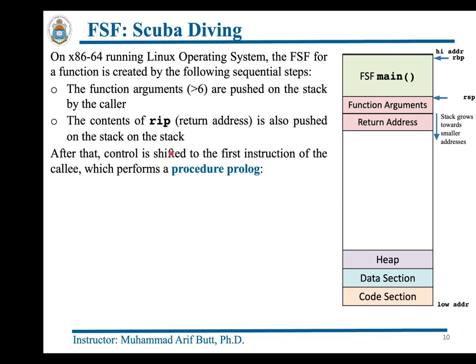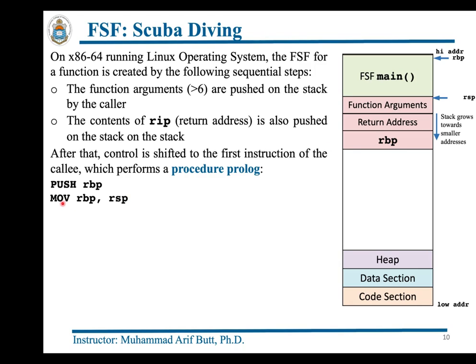After the control is shifted to the first instruction of the callee, it performs a procedure prolog. The first instruction of the procedure prolog, that we will soon see on the terminal as well, is push RBP. So the RBP, which was pointing over here before the function was called, is pushed on the stack.